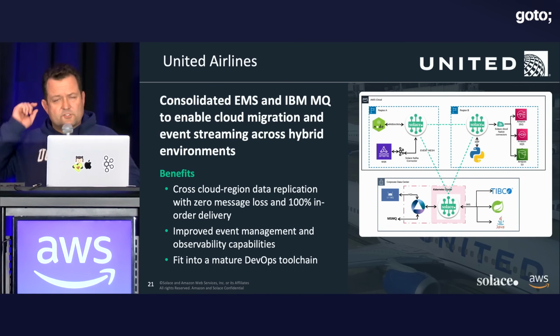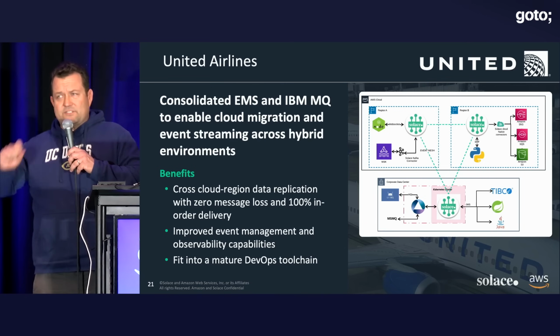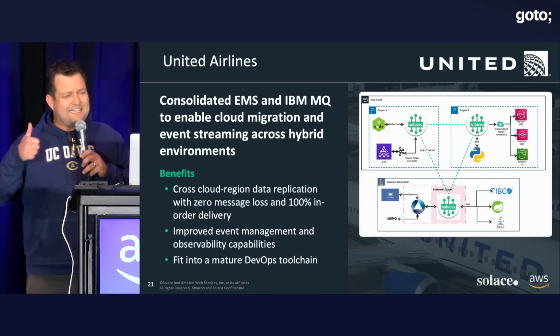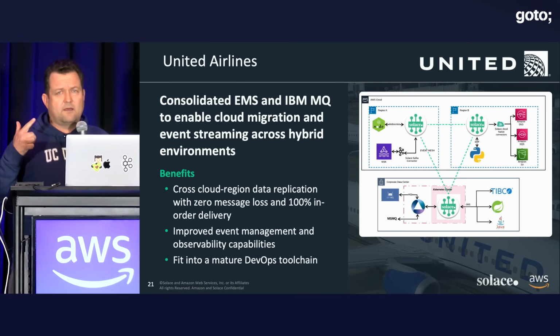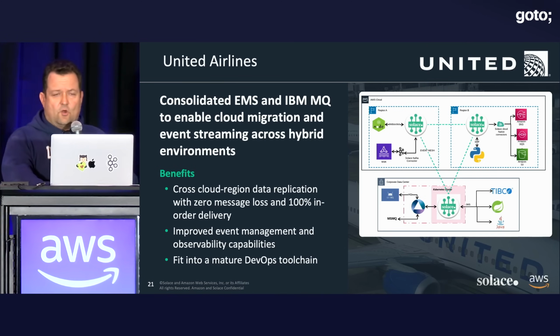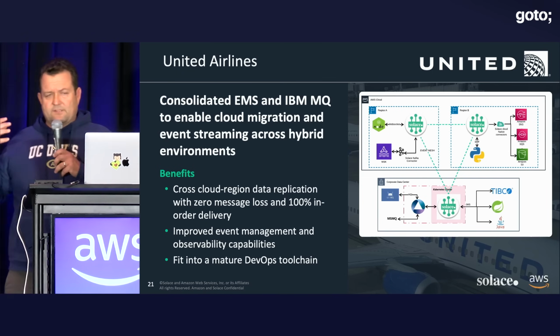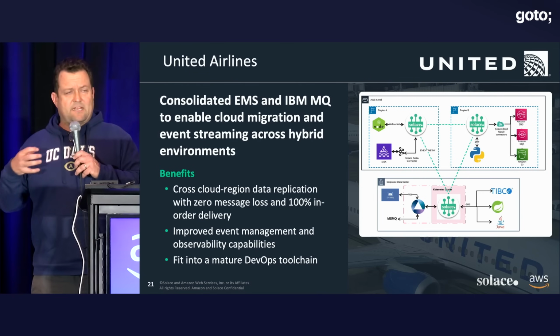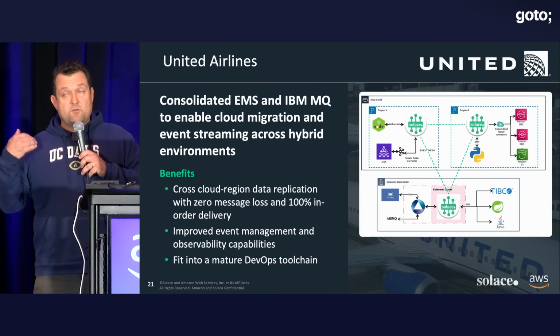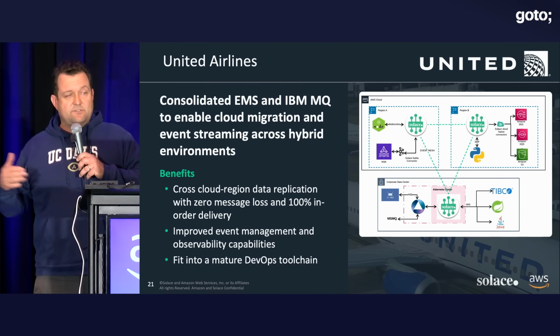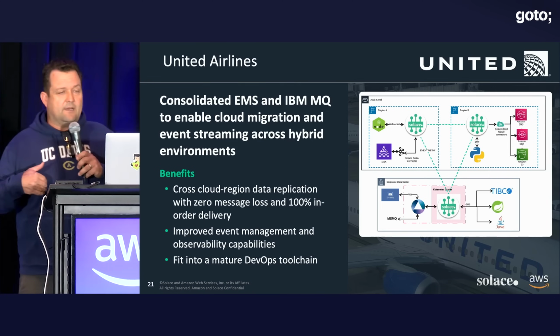They also had some concerns around things like resilience, potential data loss, and data ordering. And so with those in mind, they started this multi-year digital transformation plan to move from legacy applications to the cloud, right?